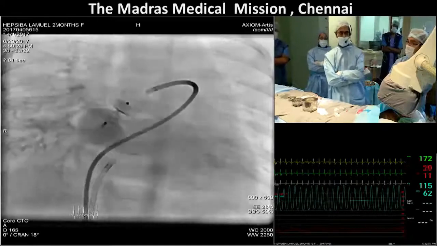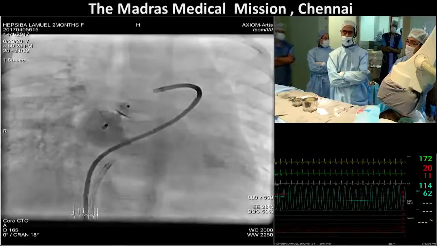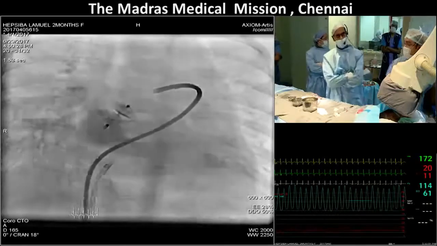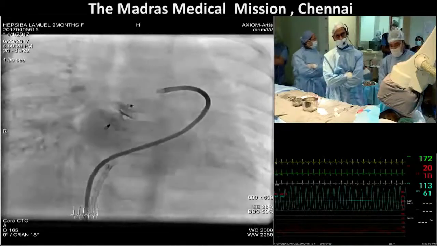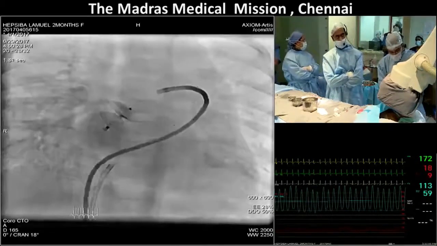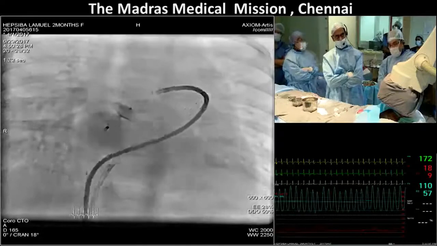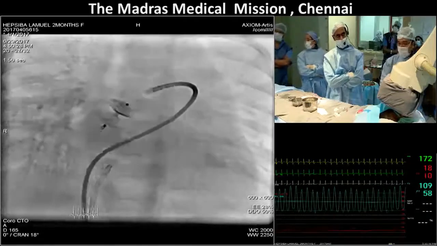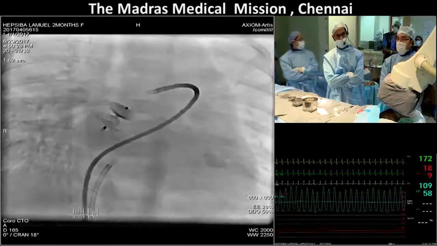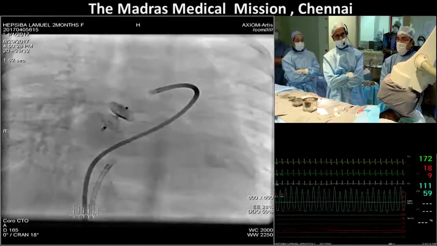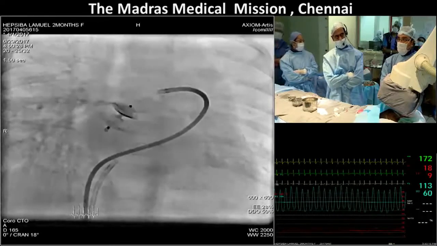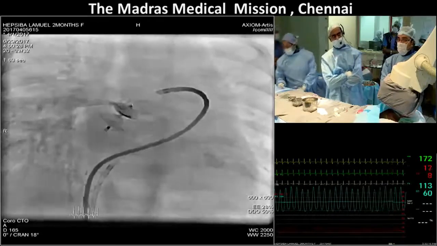I don't know about the rest of you, but we're getting a fair amount of experience now using Lovenox to treat vascular occlusions in babies, and that seems to be a very safe therapeutic approach. So, me personally, I would probably vote for a number of months of Lovenox in this baby.